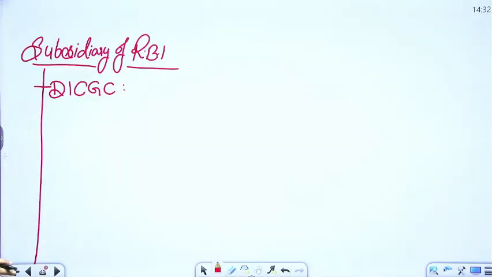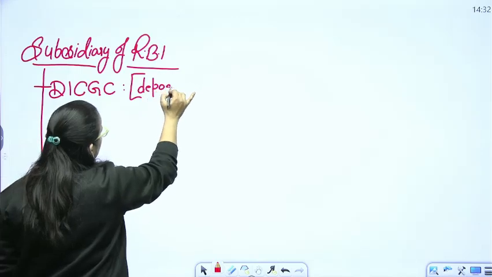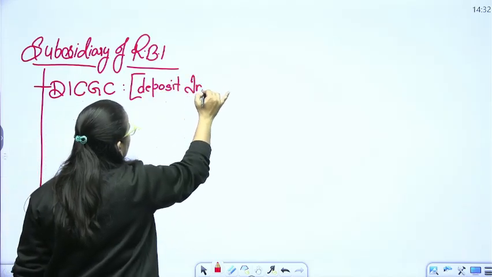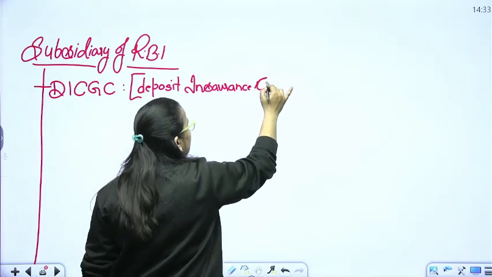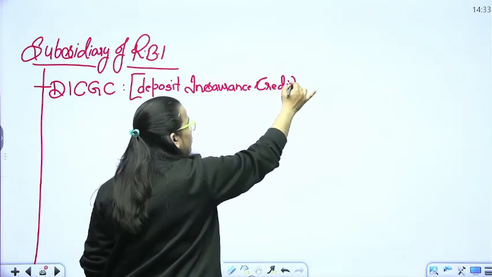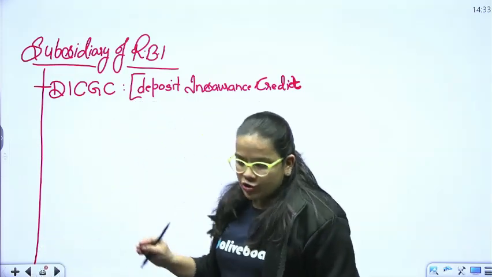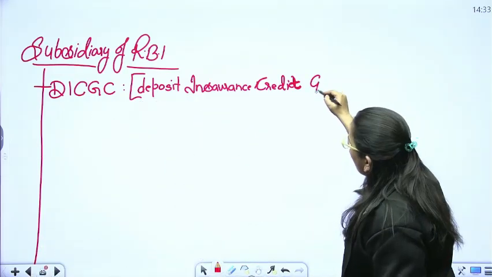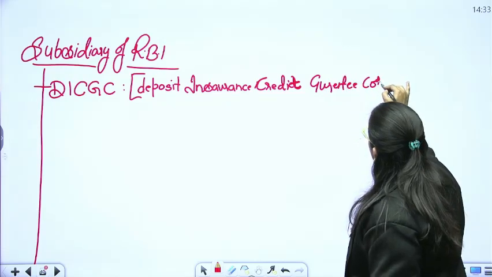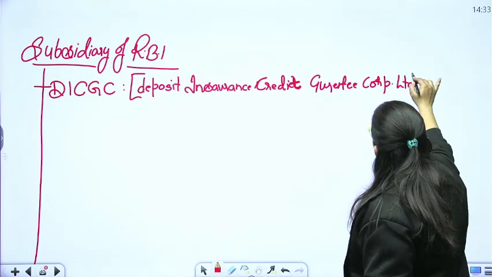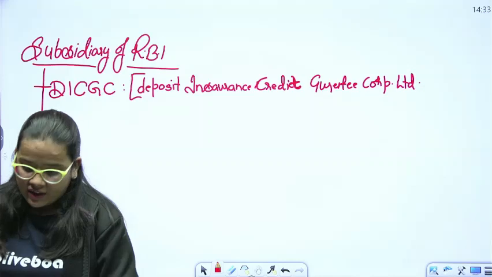Full form is Deposit Insurance Credit Guarantee Corporation Limited. Okay, so the first subsidiary of RBI is DICGC, very, very important.